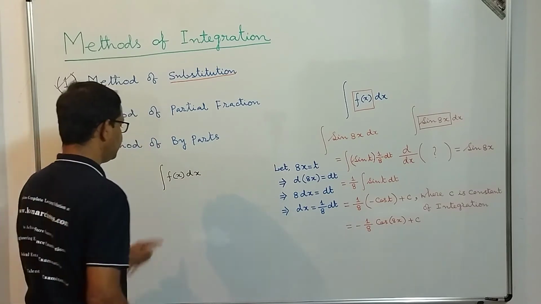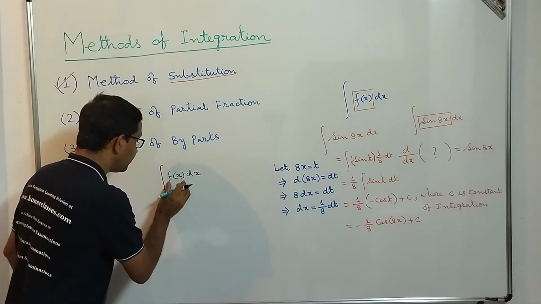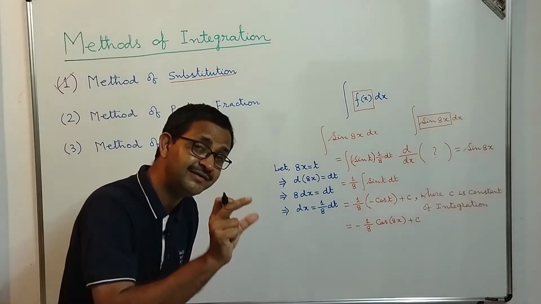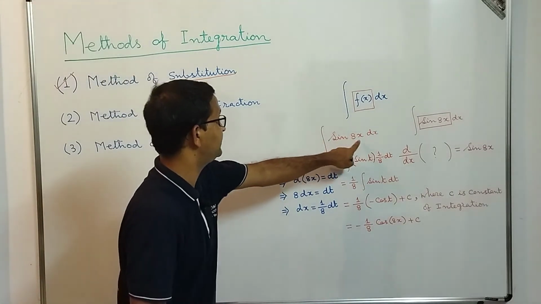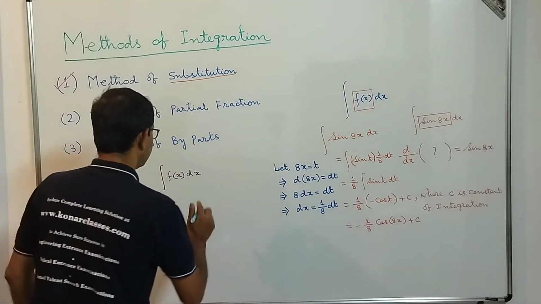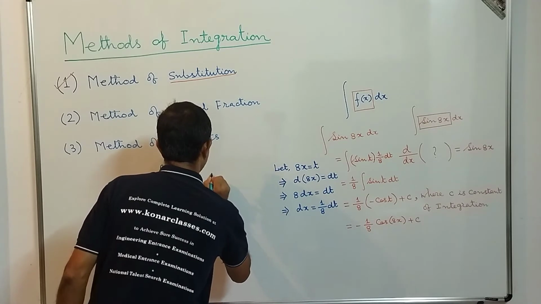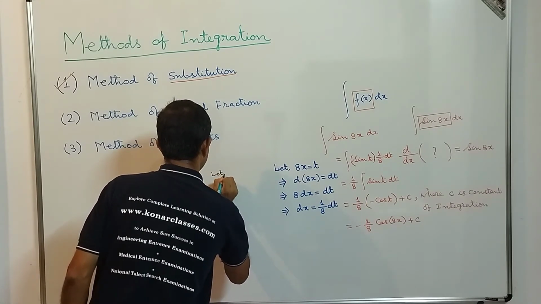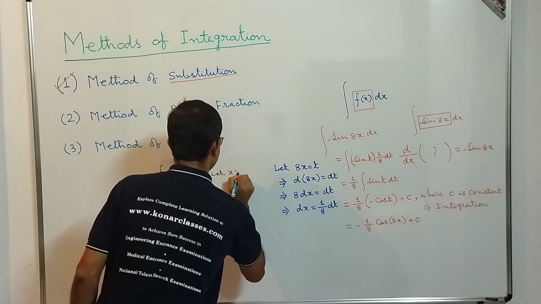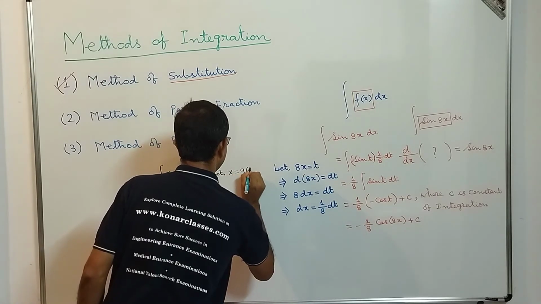So this integration is given to you in which f(x) is not directly integrable, the way sin 8x is. So what we have done is, let us take x equal to g(t).